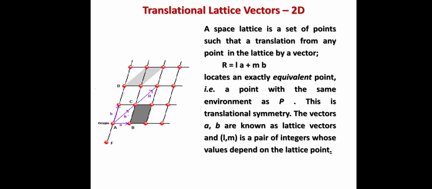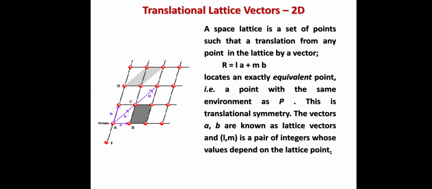Just notation, I have used R, which is LA plus MB, where it locates exactly the equivalent point, that is a point with the same environment as point P. So R is equal to OP. O I have not mentioned, that is the origin, and the end of the arrow is point P. This is a translational symmetry.